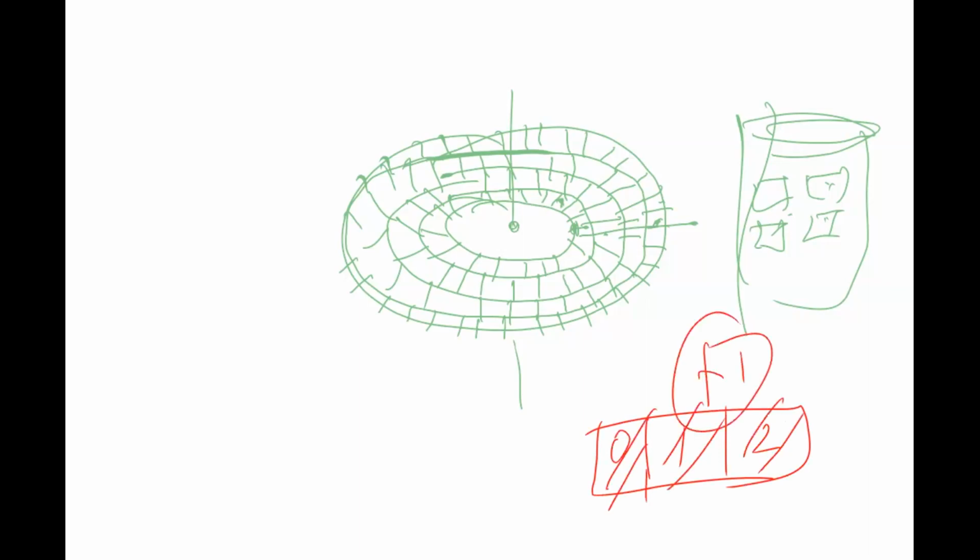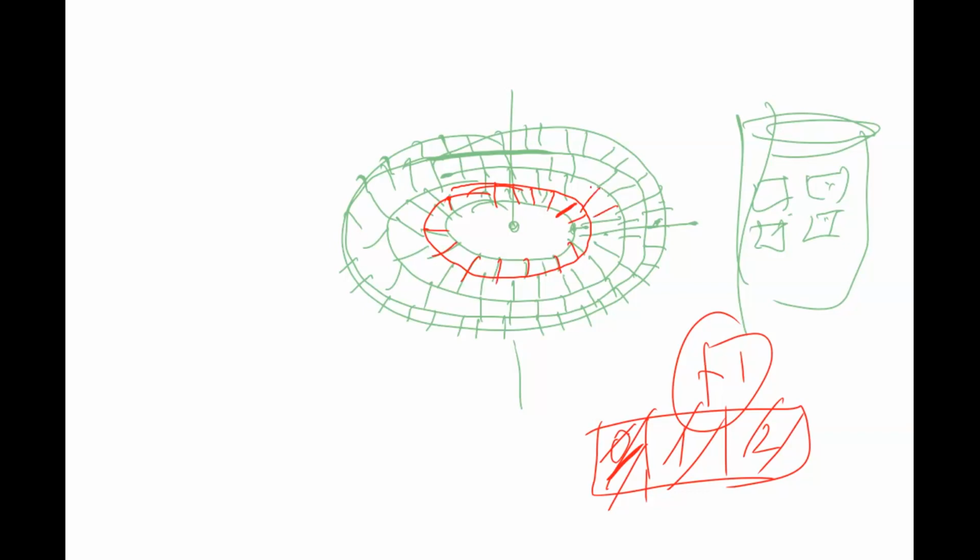So the file's zero number block was stored, let's say, in this block, and then one number, in the track, and then this block. Of course, there are some other blocks here as well.